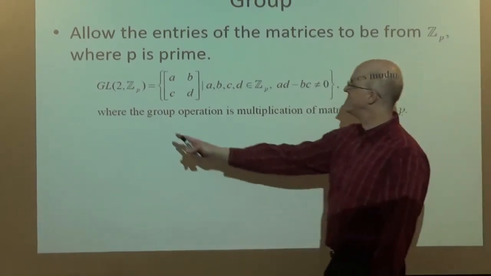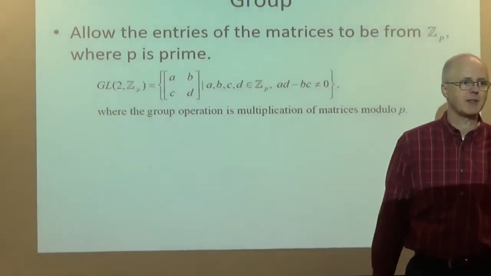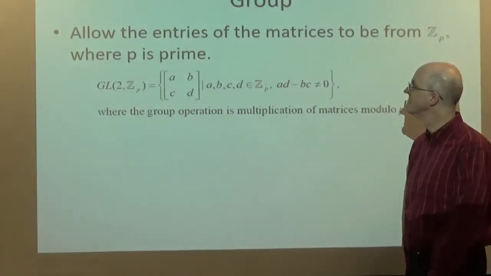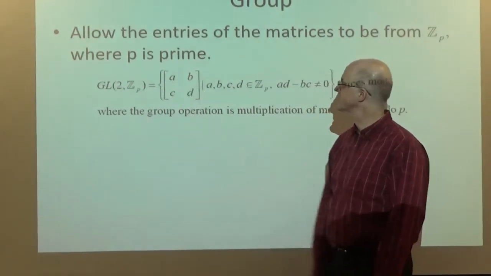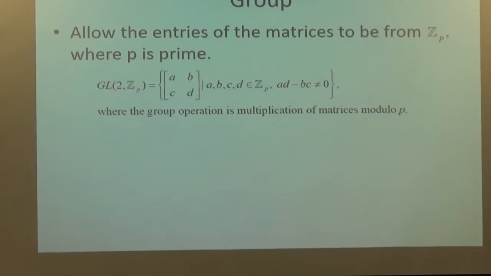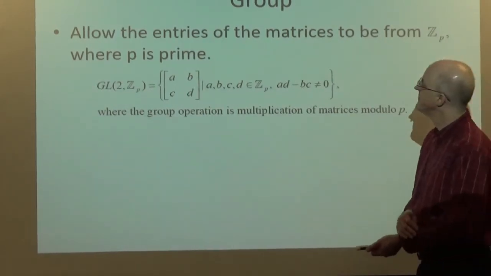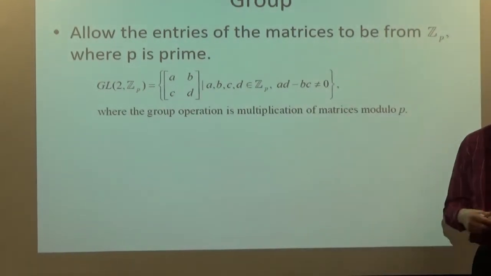In this case, 2 by 2 matrices, and we will keep our examples to 2 by 2, but of course you could do 3 by 3 or 4 by 4 or 5 by 5. The entries of the matrix are in Z_p, where p does need to be prime here. a, b, c, and d are in Z_p, and again, the determinant must be non-zero.